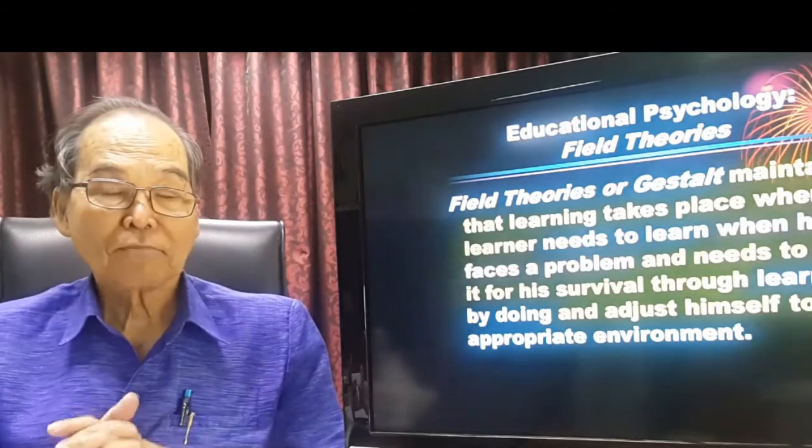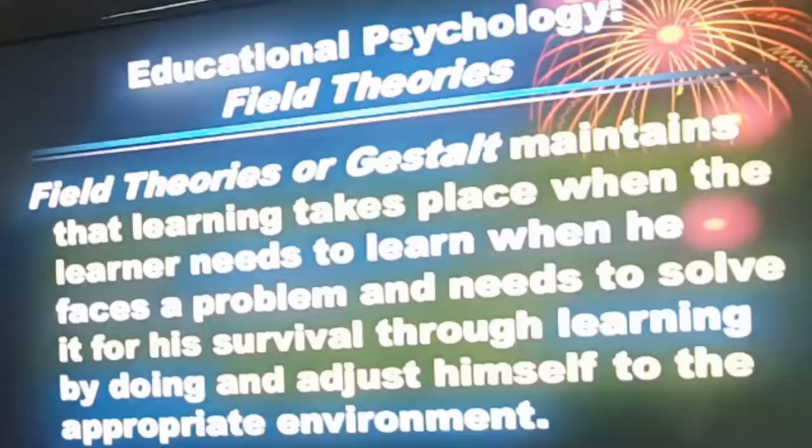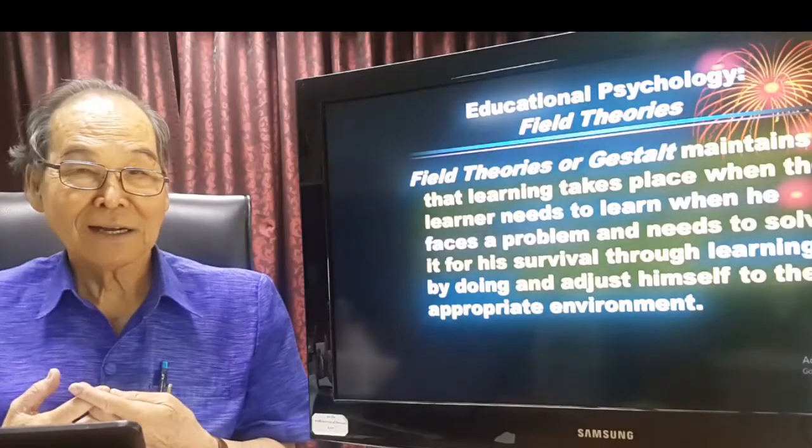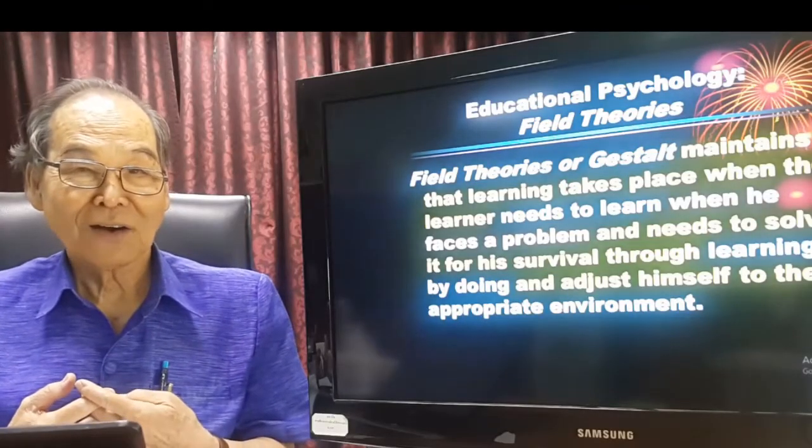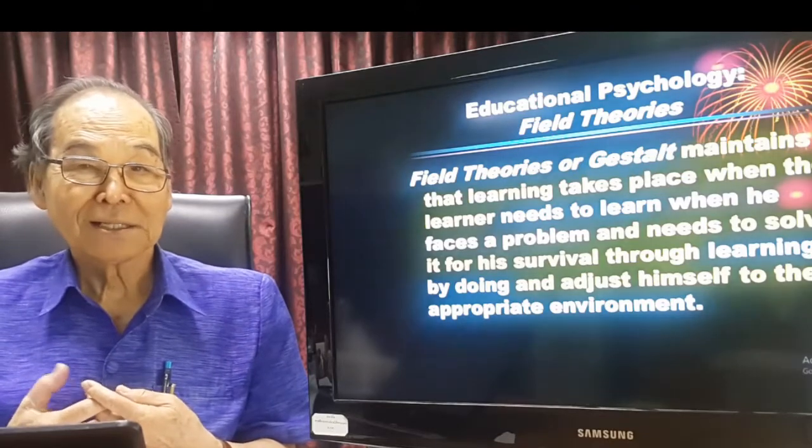That means that you don't teach the student if they don't need to learn. But if you think it's important for them to learn, you need to give them some motivation. We call it, in Thai, นำเข้าสู่บทเรียน, in English lesson induction or introduction to the lesson.